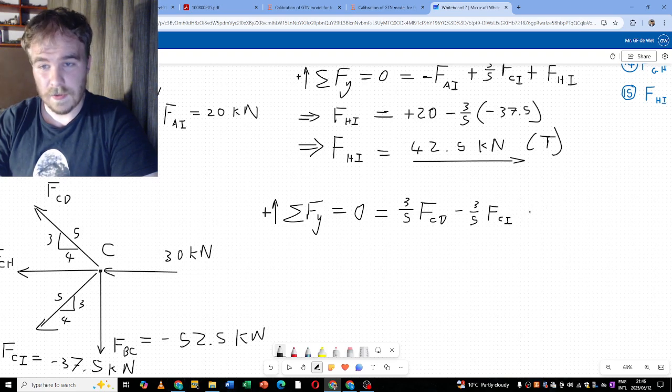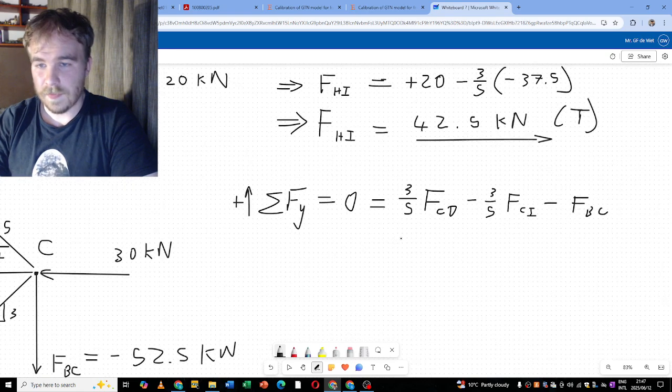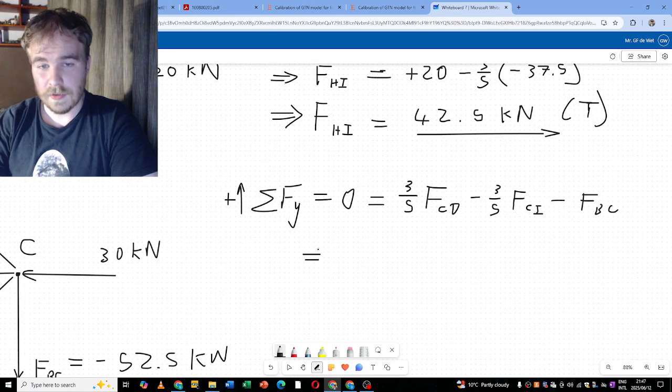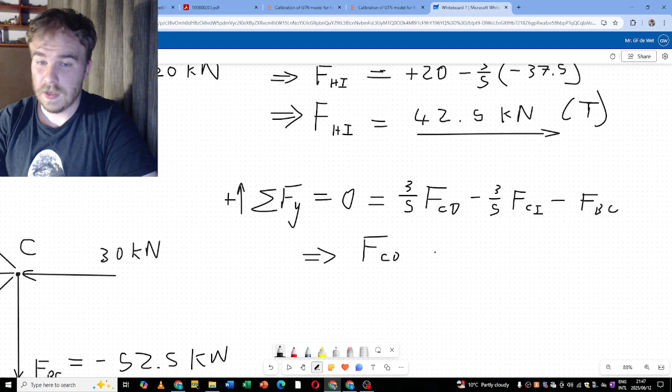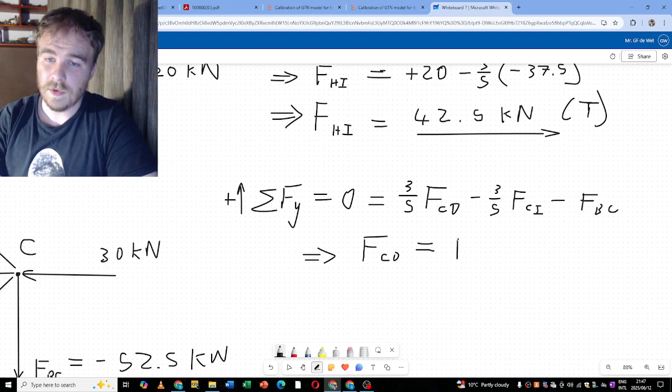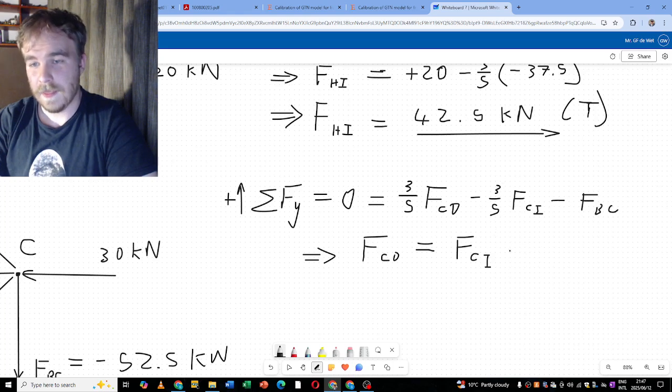And then negative FBC. Okay, and we can rewrite that as FCD, and we times by 5 over 3 on both sides. And this guy has moved to that side, so now it's a positive FCI because we times by 5 over 3. And plus 5 over 3.